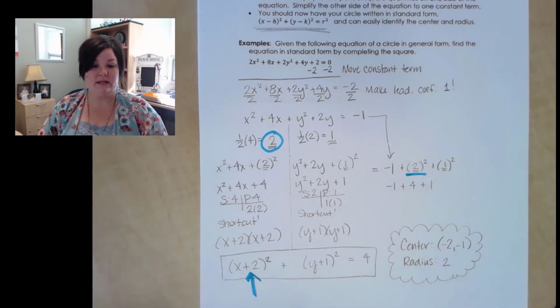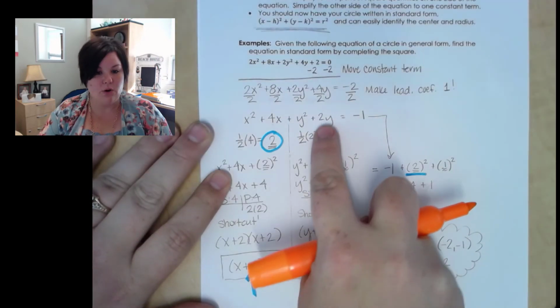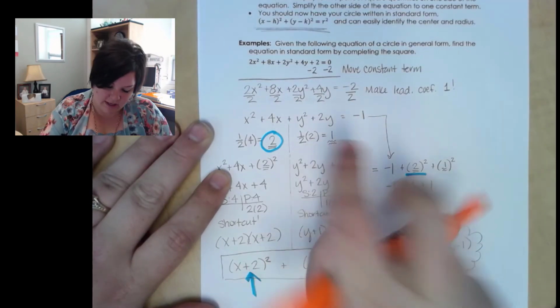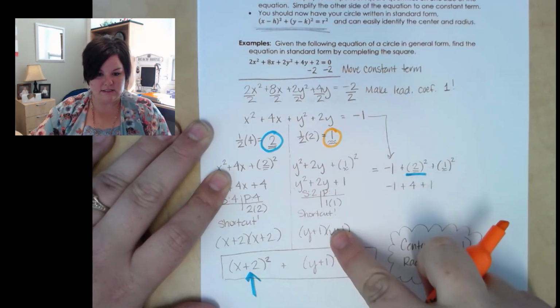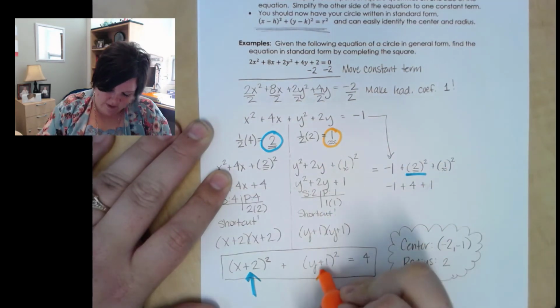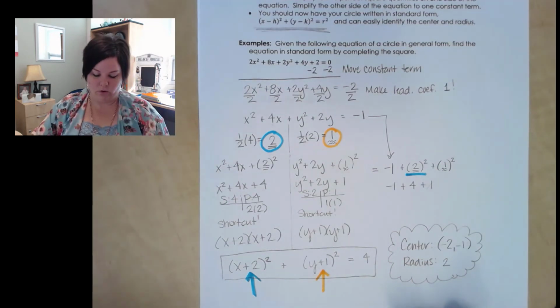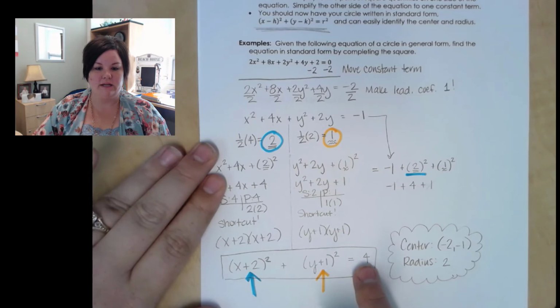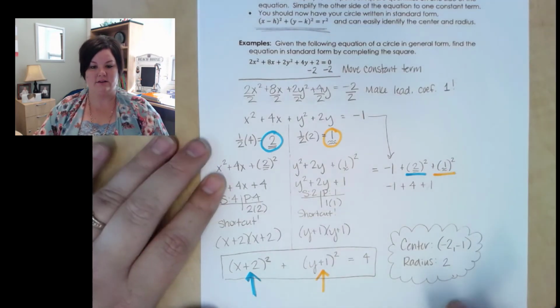Notice whenever we completed the square with the y's, we took half of the y term coefficient. So half of 2 gave me this 1, right? Again, I could skip all of this and just say, okay, this is going to factor into y plus 1 quantity squared. Okay, but in order to make sure I get the correct number over here, I still have to take that 1, square it, and add it to the other side.